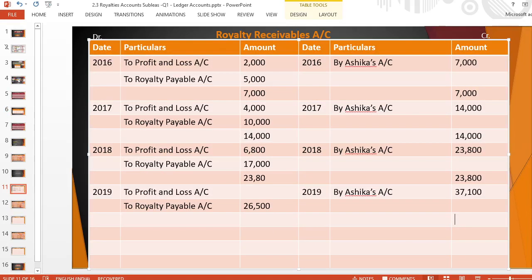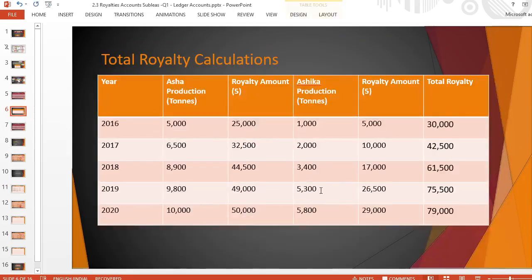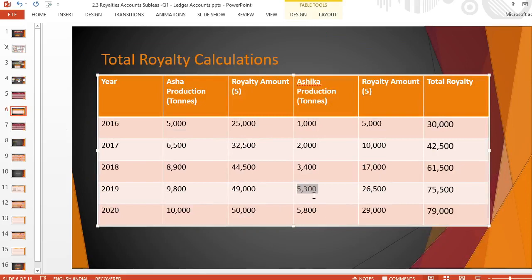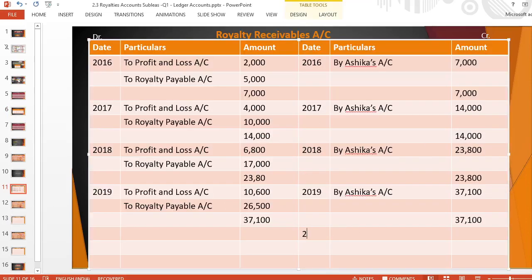The total is 37,100 on the credit side and here 37,100 on the debit side minus 26,500. So the remaining balance 10,600 represents profit. So 10,600 profit, that means 5,300 into 2 rupees per ton. And in the last year 2020, it's by Ashika's account, and I'll check the balance here.